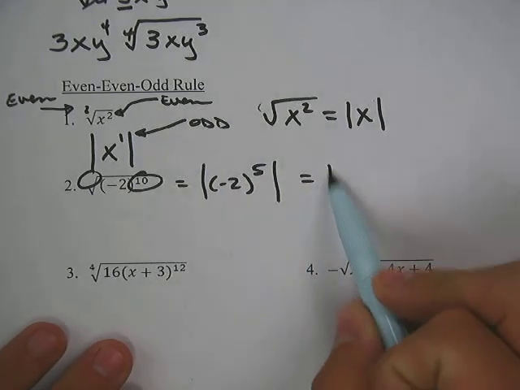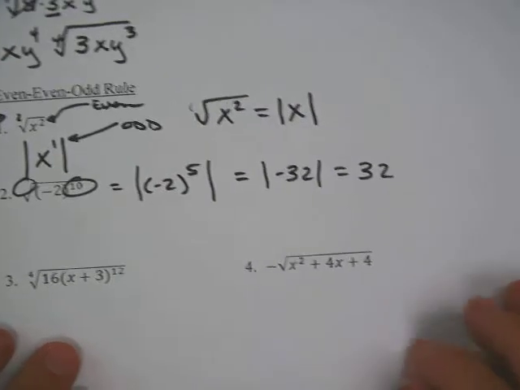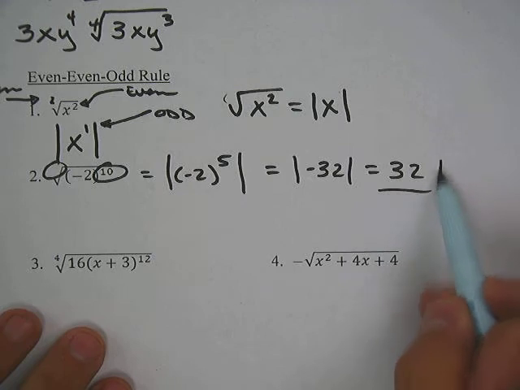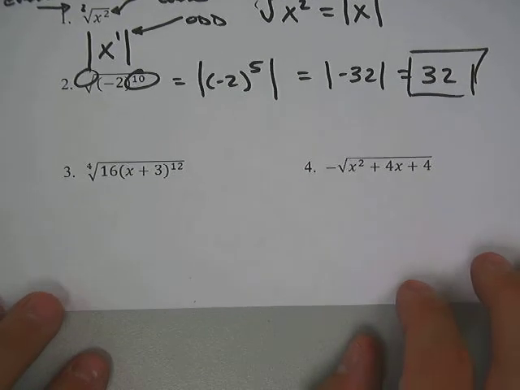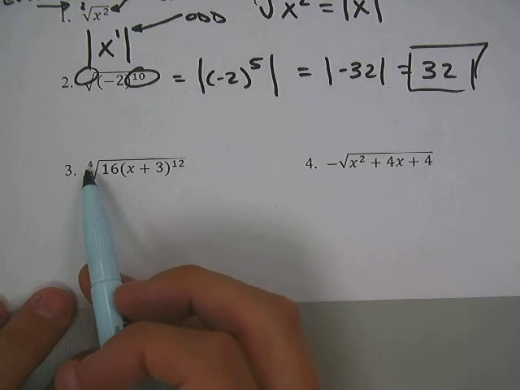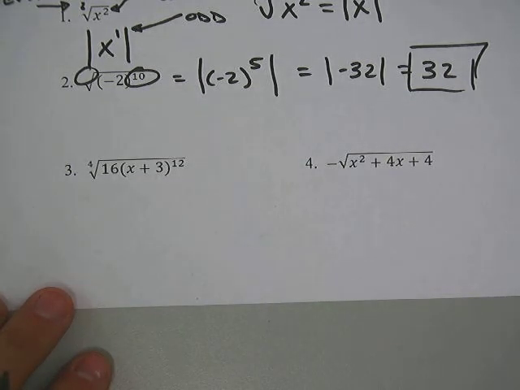So what does this equal? Well, 2 to the 5th: 2 squared is 4, 8, 16, 32. So that would be negative 32, but the answer is positive 32. Makes sense so far? Hopefully.